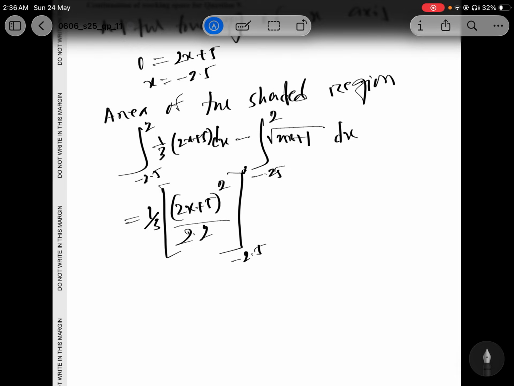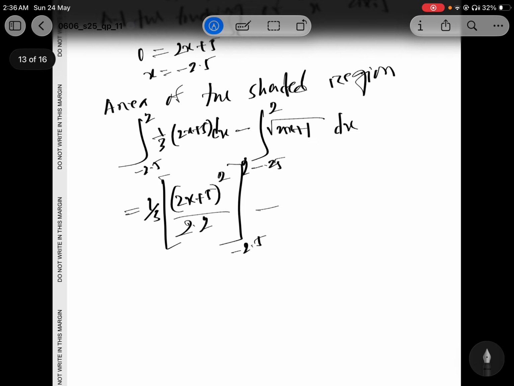Minus 2.5 to 2, and minus here square root of this thing, right? Half, right? So I can predict that 4x plus 1 to the power half plus 1, which is 3 by 2. Half plus 1 is 3 by 2, and here is 3 by 2 times 4.